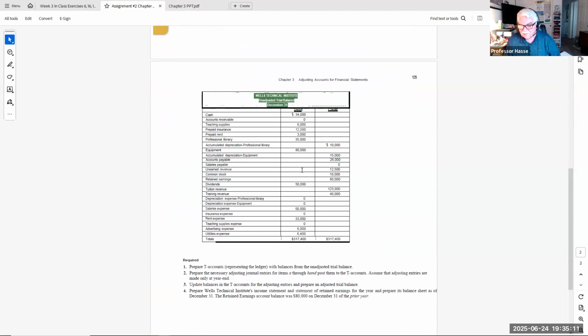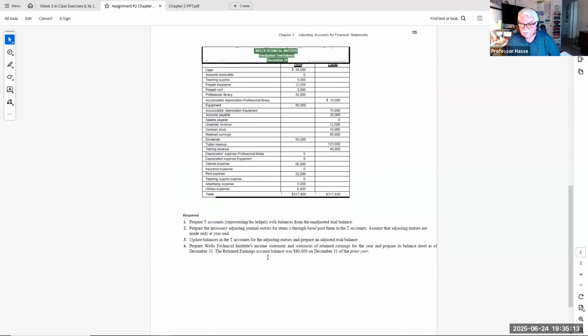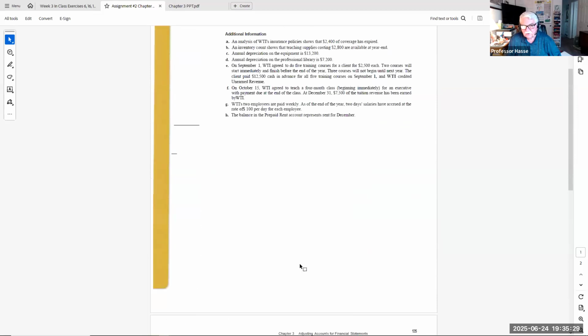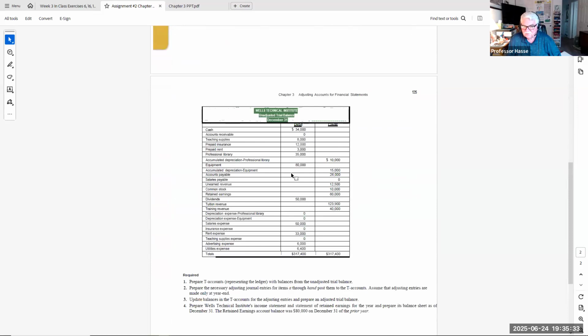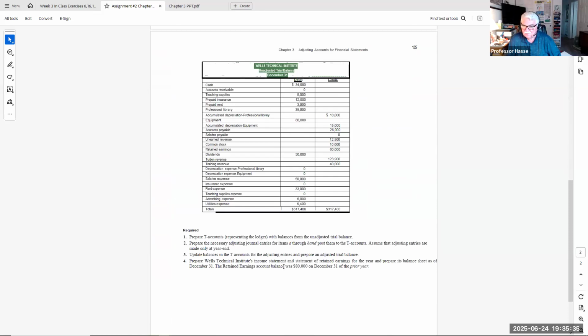And once you do that, then you're going to prepare the income statement, the statement of retained earnings, and the balance sheet for December 31st with a retained earnings beginning balance of $80,000. Just like we just did. You're going to record these entries, complete a new adjusted trial balance, and then prepare the financial statements. That's your assignment for this week.